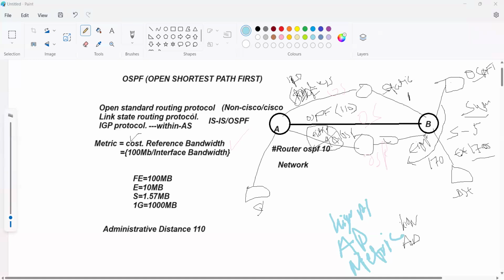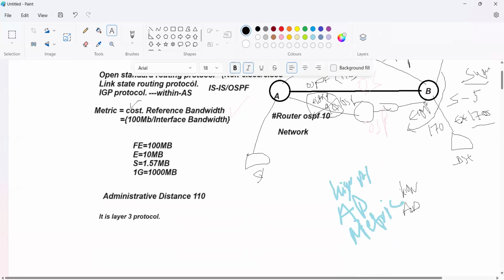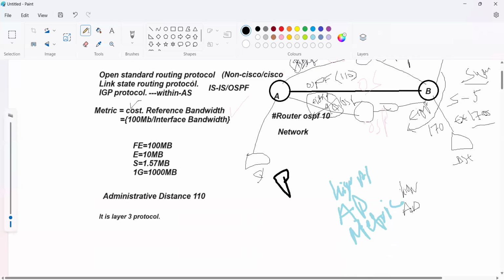Basically, OSPF is a layer 3 protocol. Now tell me, RIP works in which layer? RIP is a layer 7 application layer protocol. And EIGRP?